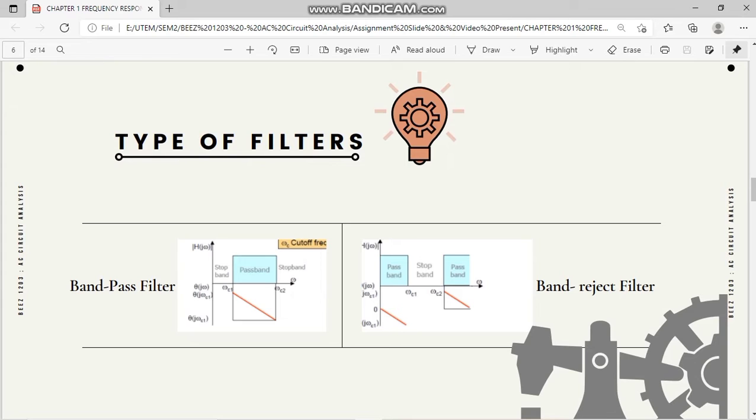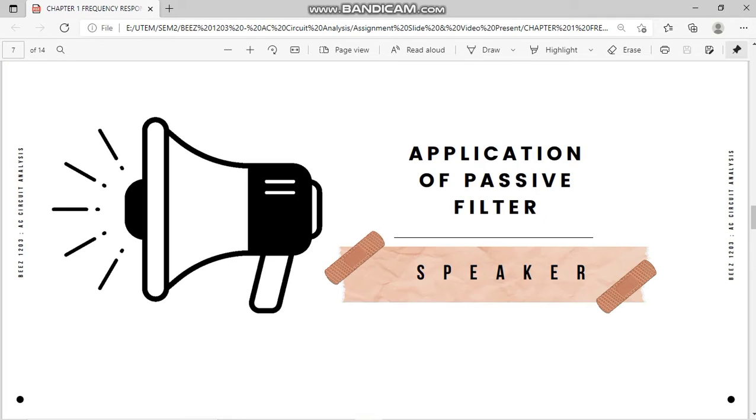And the last type of filter is band reject filter. Band reject filter passes signals outside the band defined by 2 cut-off frequency from the input to the output. So this is the diagram that shows the band reject filter.